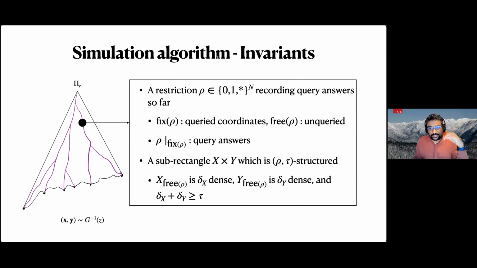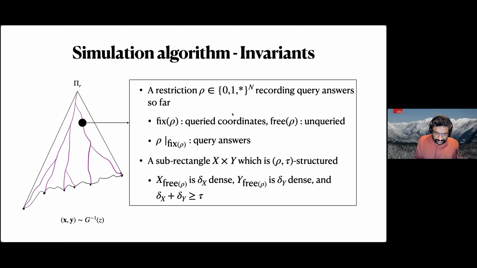To do this, at every node that we sample, we are going to maintain some invariants. The first invariant is a restriction, some kind of bookkeeping to record our queries and query answers so far.